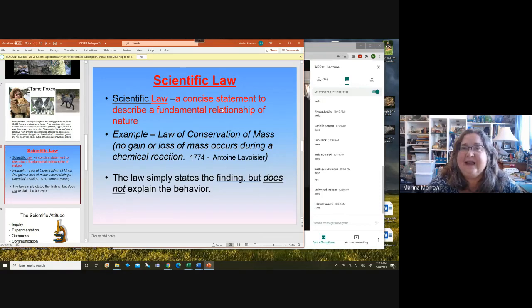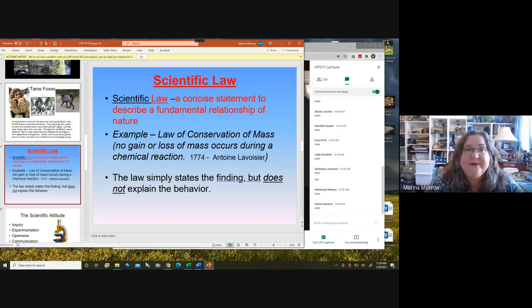Like I was saying, Newton has more laws than anybody else. He was a great observer of things in nature. He couldn't yet explain them, but he certainly saw them. The law of conservation of mass was one of the contributions of Antoine Lavoisier. He saw that during a chemical reaction, there was no gain or loss of mass.